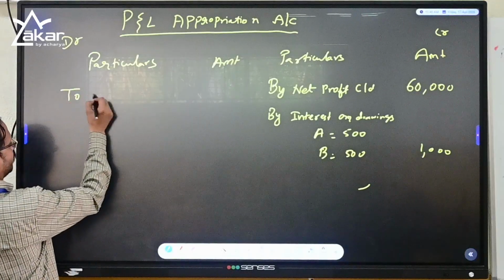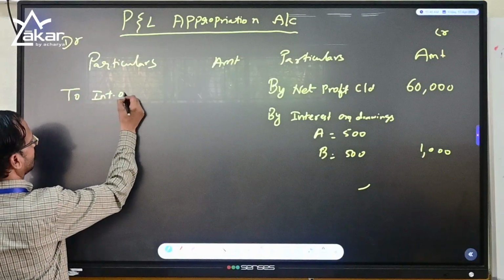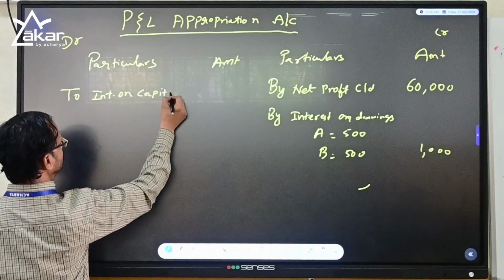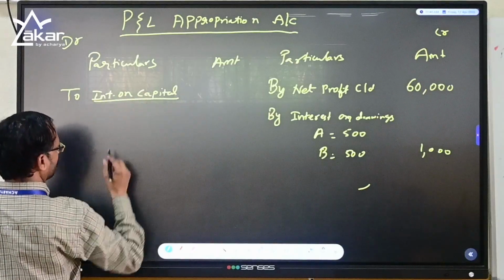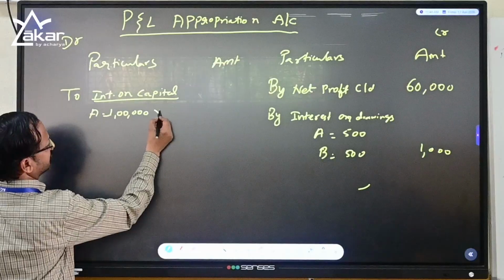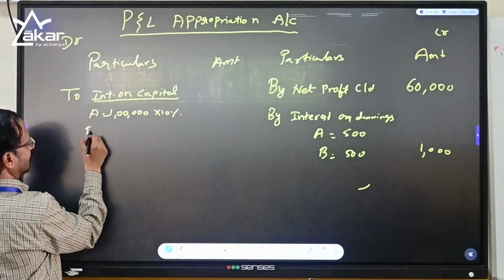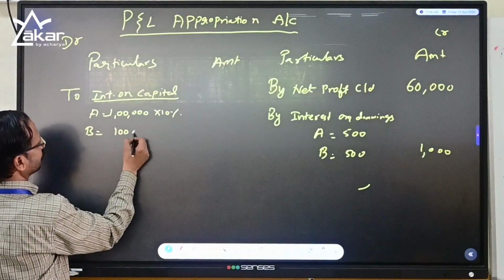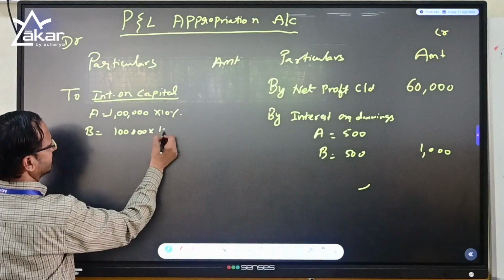On this side we have interest on capital. Hope you remember, A has invested 1 lakh into the firm with 10% as interest on capital. B has the same contribution of 1 lakh with 10%.